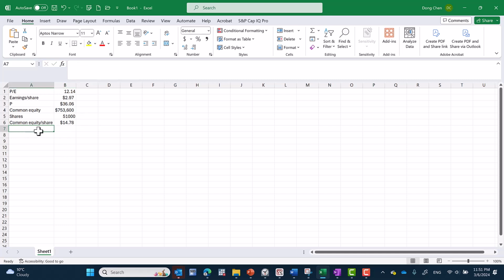So finally, price to book ratio will be price per share divided by common equity per share.